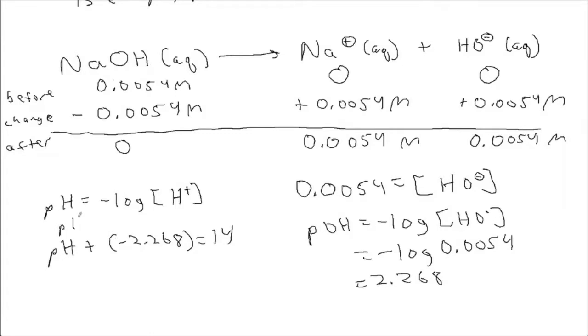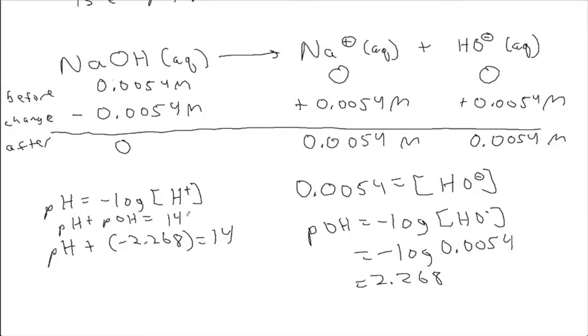pH plus pOH. And here we can write a number. What number goes on the right? I have pH plus pOH is equal to 14.